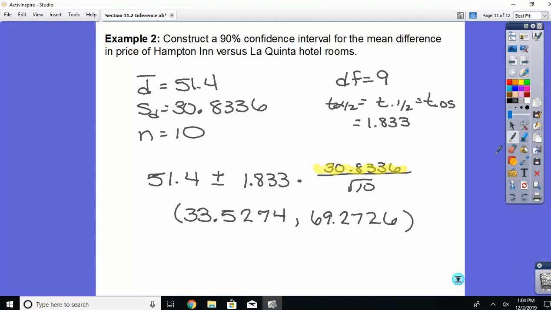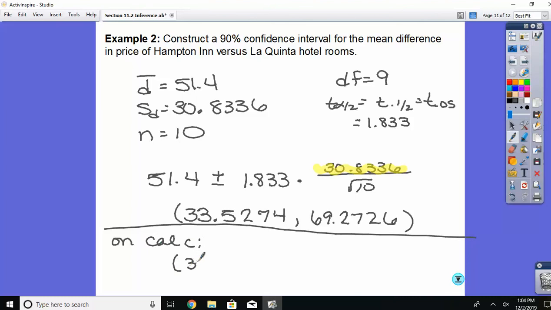What confidence level did I want? 90. So confidence level 0.9 and calculate. And it gives us an interval. We're pretty close. Ours is slightly different because we rounded our standard deviation, but you can do it either way. Unless I specifically say do it by hand, do it on the calculator.